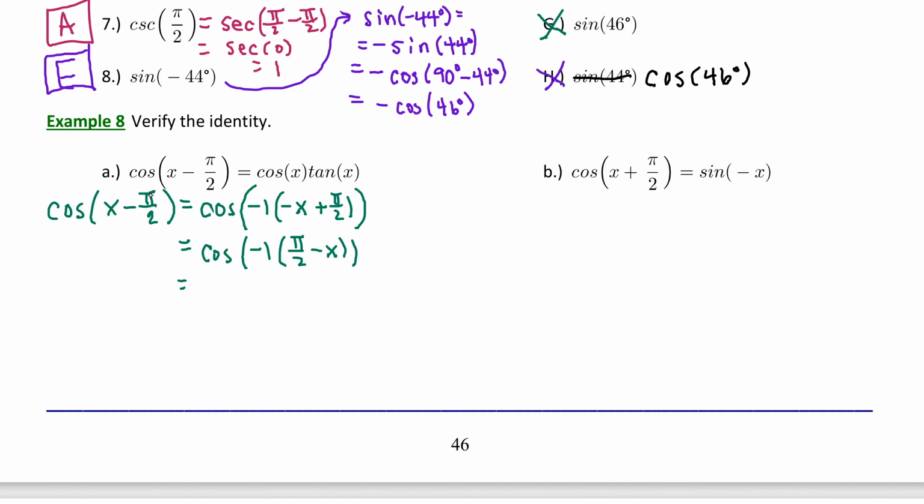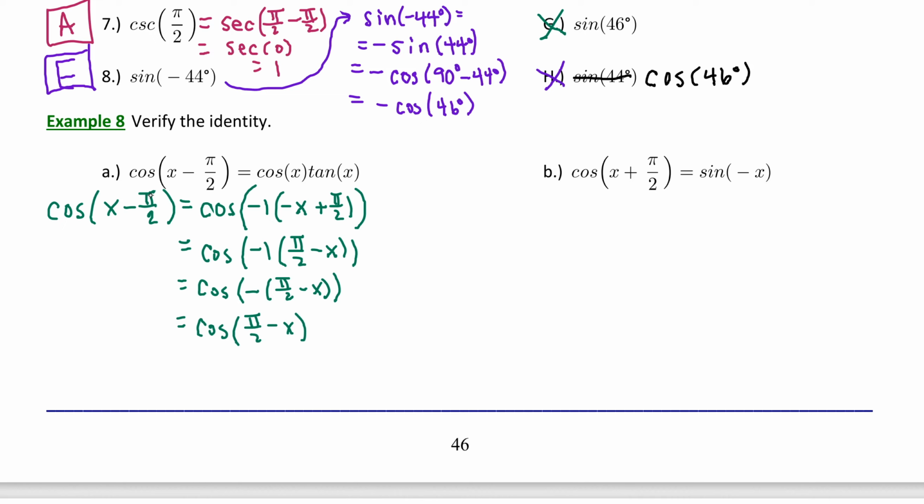And it may even be clearer if we write that as negative parentheses pi over 2 minus x. Not a necessary step, but maybe a clarifying step. Then you can see we have cosine of some negative angle. Because cosine is even, cosine of a negative angle is equal to cosine of the positive angle. So this is equal to cosine of pi over 2 minus x.